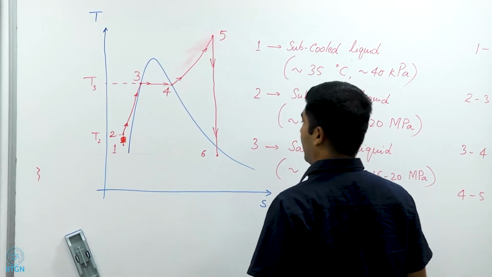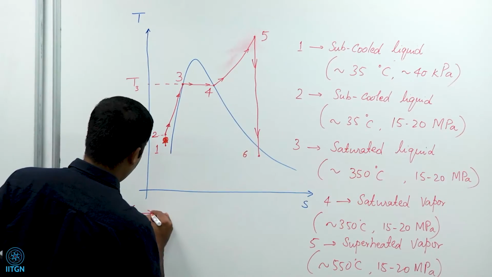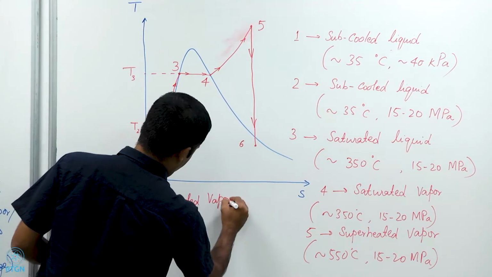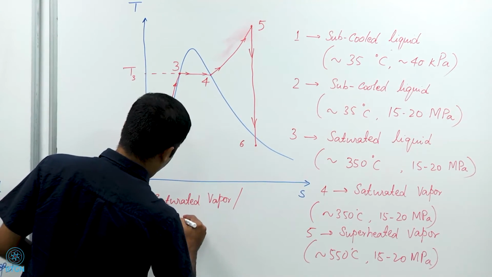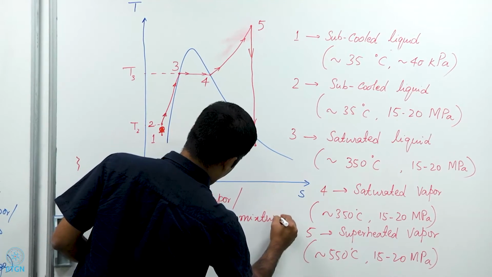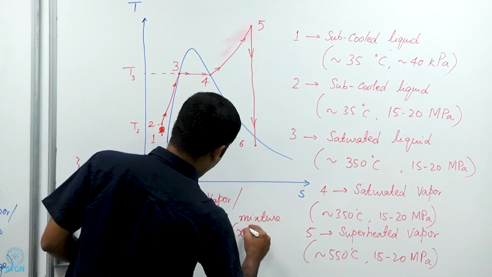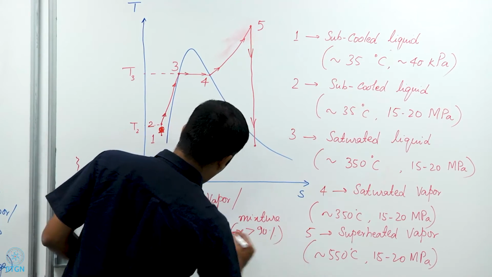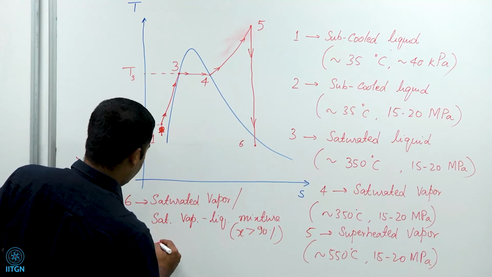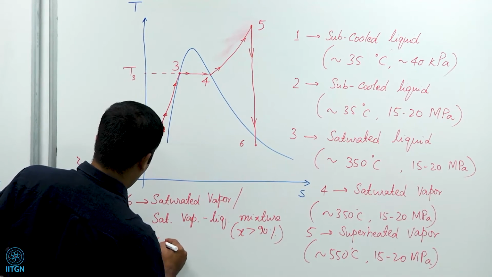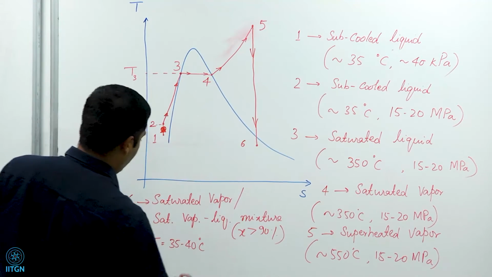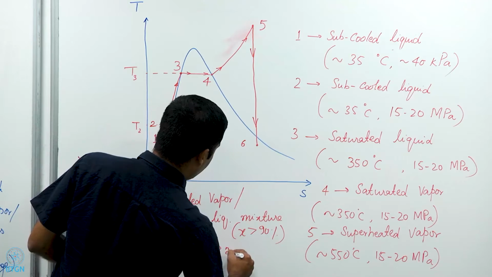So I will write 6 again here. That 6 is either a saturated vapor or a saturated vapor liquid mixture with a high quality of 90% or so, and the temperature is about 35 to 40 degrees Celsius, and the pressure is about 40 kilopascal.